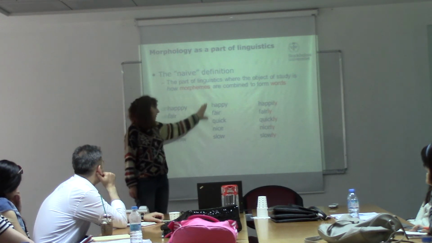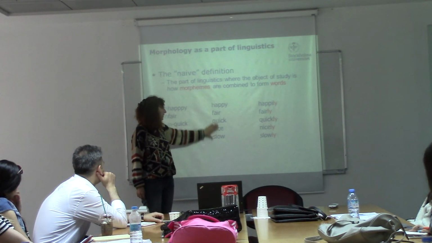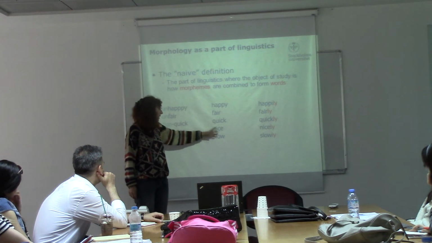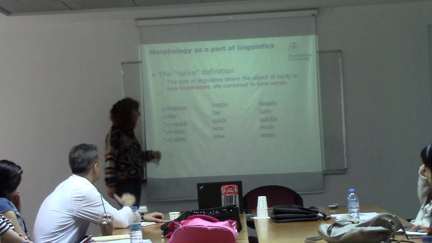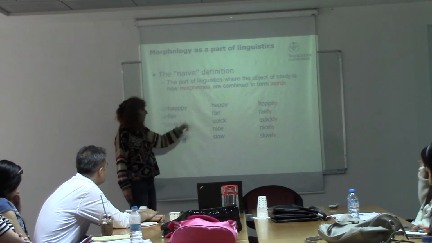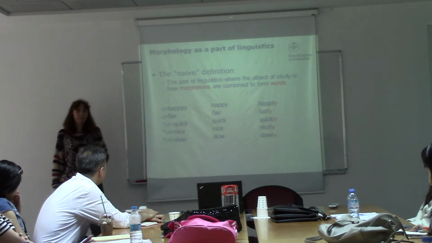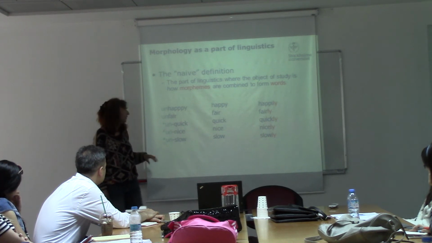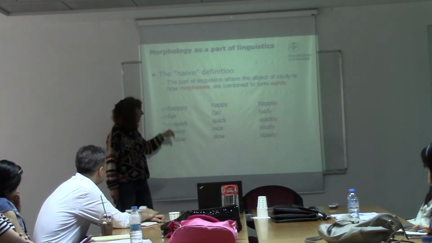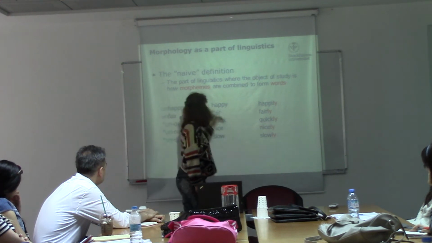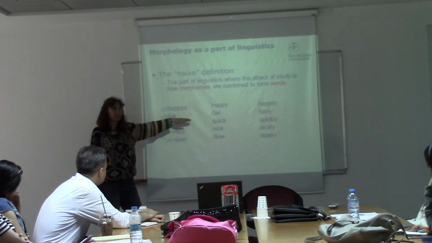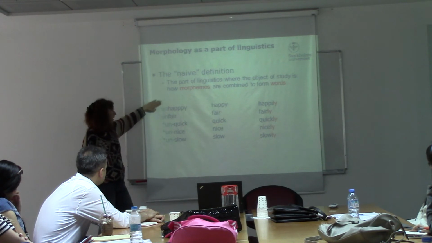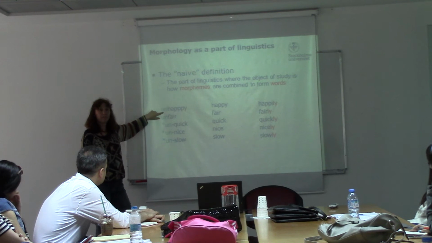Now, a naive view of what morphology is: if we look at this series of words, if we take this series of adjectives, happy, fair, quick, nice, and slow, and we compare them with words to the right and to the left, we see that there are elements that are repeated. There is happy and happy here, and happy here. So there is an element and it's meaningful. Another element comes in front of happy and creates another word with the opposite meaning.